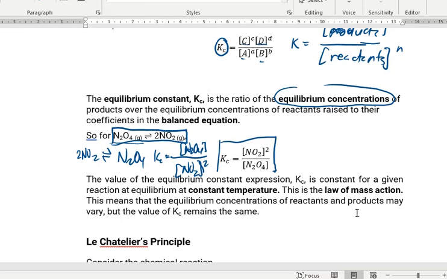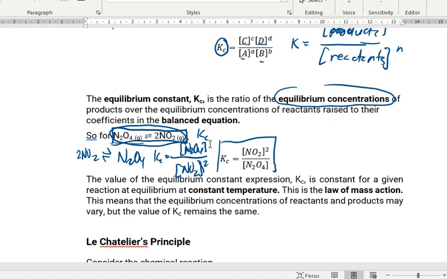What this basically means is that this Kc for N2O4 to 2NO2, this equation, has a constant, it does not change. Okay? So you can find these values in an appendix of a book. So it's written in the appendix of your module.